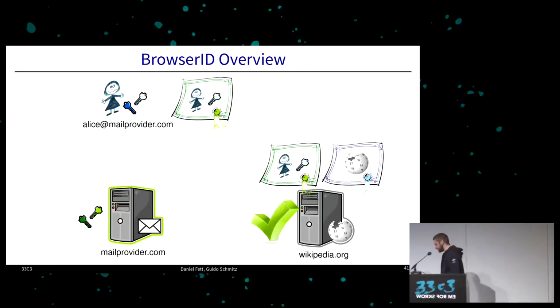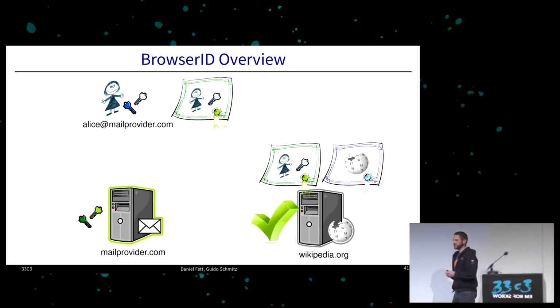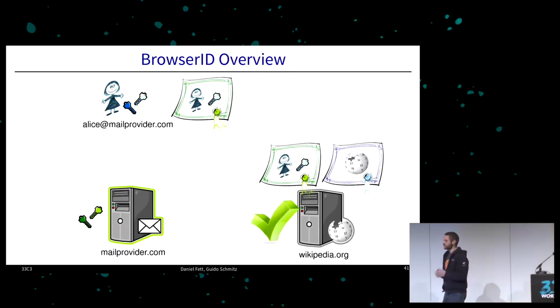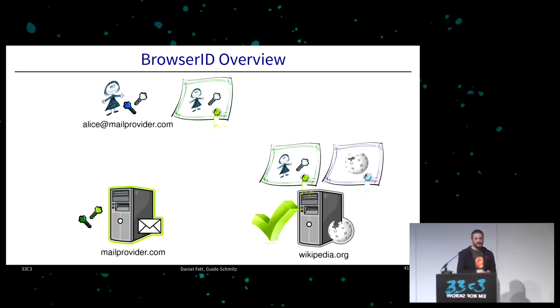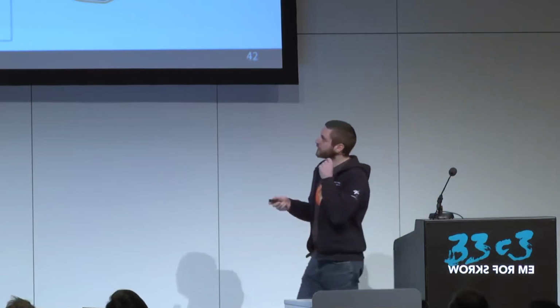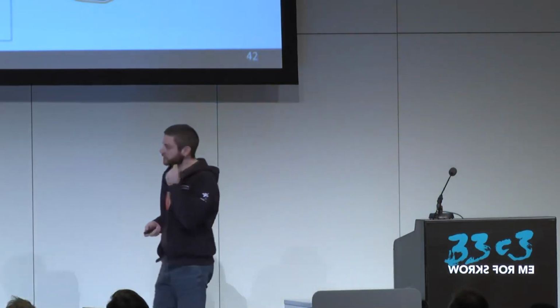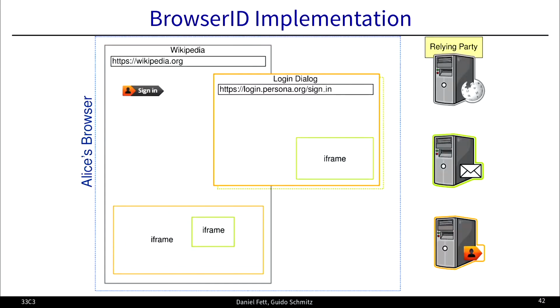And then they started to implement this using just standard browser features, including all the workarounds for Internet Explorer, and so on and so on. And they ended up with a quite complicated system. So here we have, on the left side, in Alice's browser, two windows, namely Wikipedia, and the login dialog, which is provided by a central authority, which they try to avoid, login.persona.org.